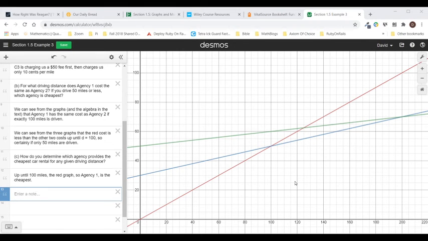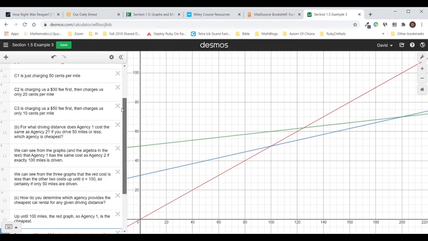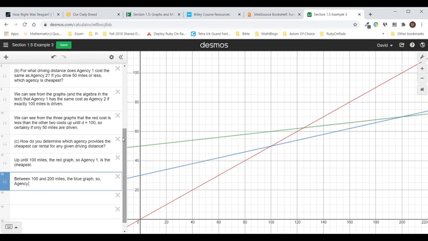Now the cheapest, for a while, is the blue one until x equals 200. Between 100 and 200 miles, the blue graph. So let's make sure that's agency 2. Yes, agency 2 is the cheapest.